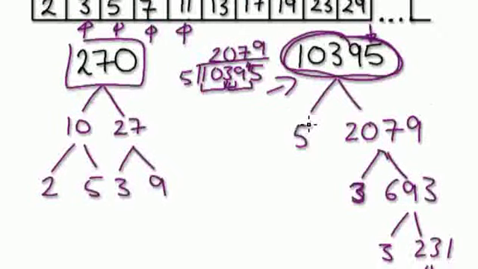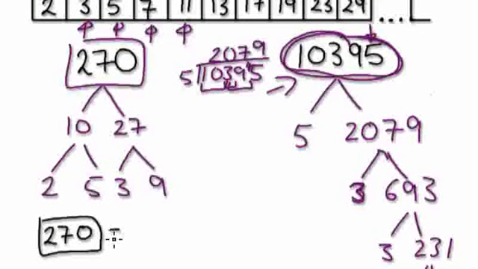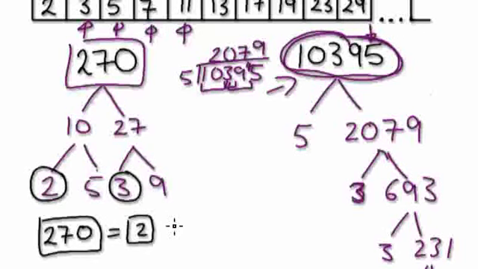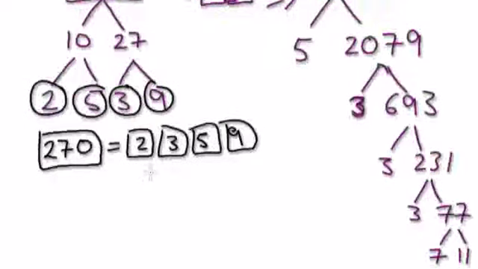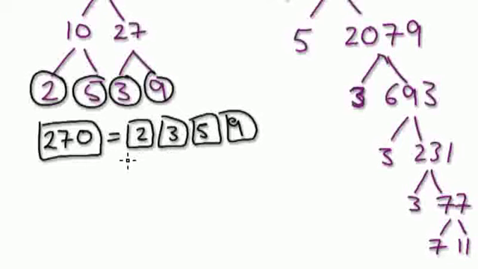Okay, so let's write this down. 270 we could write as 2 times, let's do it in order, 2 times 3 times 3 times 3 times 5. These are the building blocks of 270.